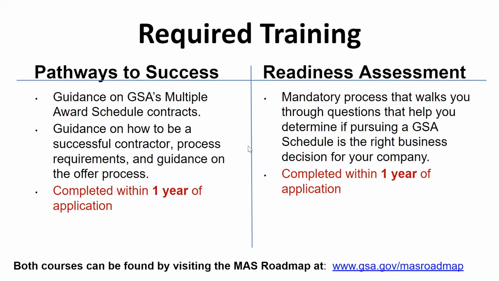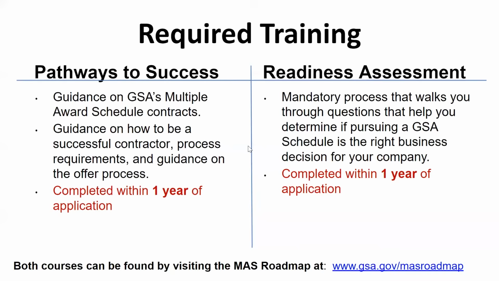Then you'll have to go to the schedule sales query and outline how much those businesses are making, because we want to make sure you have a clear understanding and expectation of the requirements of the program, and level setting expectations for you to understand, is this the right decision for your business? The one thing that I want you to take from this slide is that when you're submitting your certificates and uploading them in the eOffer system, you want to make sure that they're completed within the year that you're submitting your application.